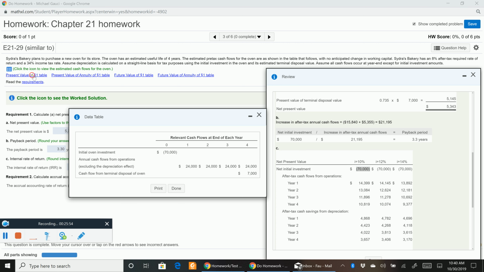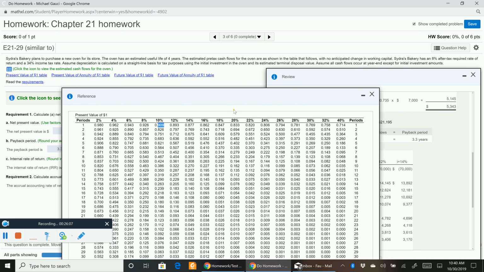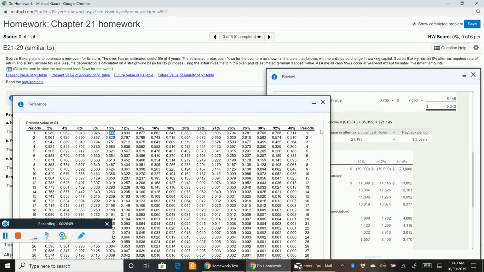Let me show you real quickly the present value table. If we take the 10% column, 0.909 is the factor for period 1. Remember the cash inflow was $15,840. If you multiply it by 0.909, you're going to get $14,399.